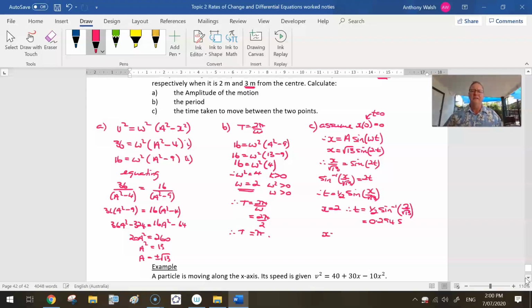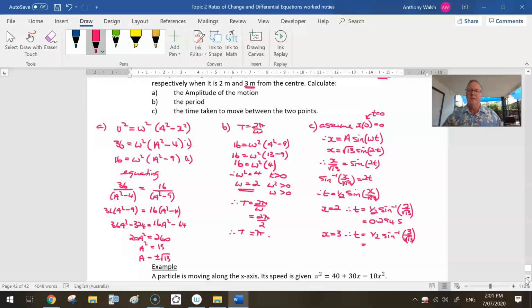Now the other displacement we're interested in is x is equal to 3. What's the time when it gets to 3 meters from the origin? Well, again, we just take a half inverse sine of x on root 13, where x is 3, so it's 3 on root 13.